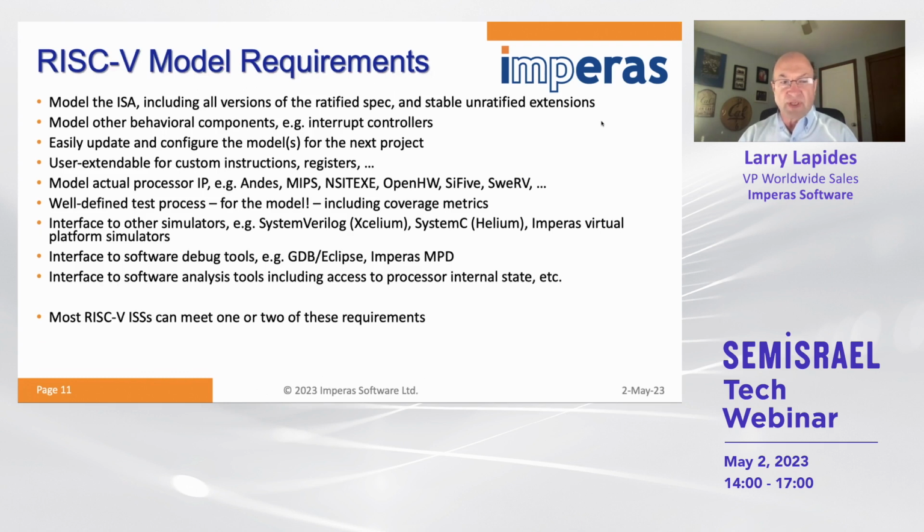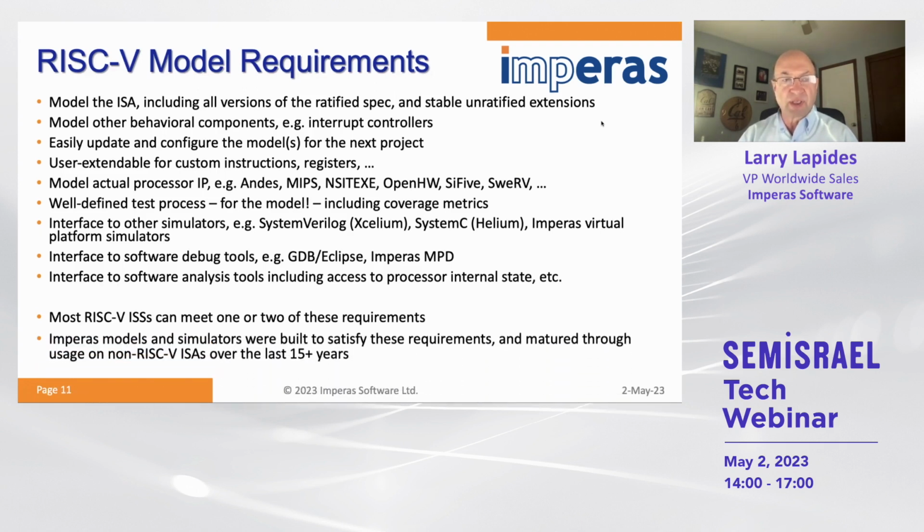Most RISC-V instruction set simulators can meet one or two of these requirements, but we've been doing this for 15 plus years. We support not just RISC-V, but about 12 different instruction set architectures. And so as we come to this, we support all these requirements with the Imperas models and tools.